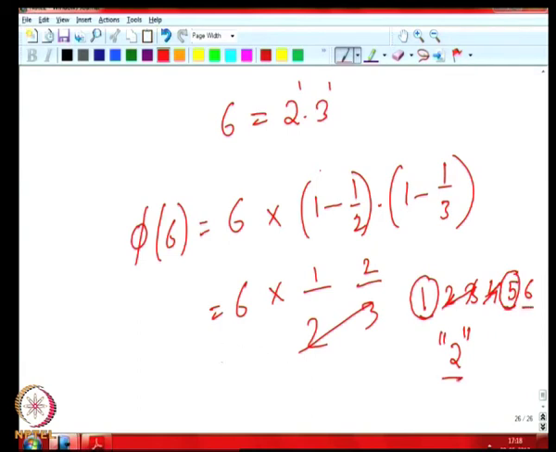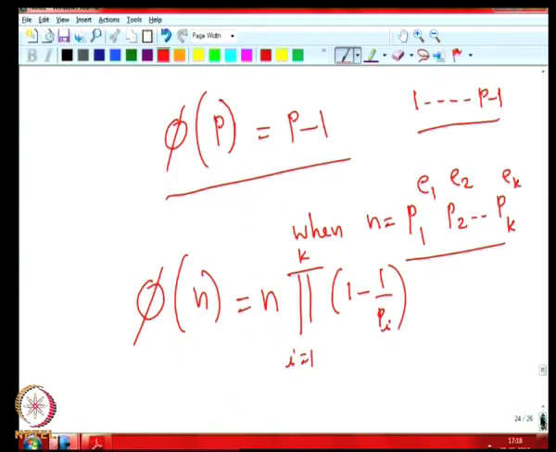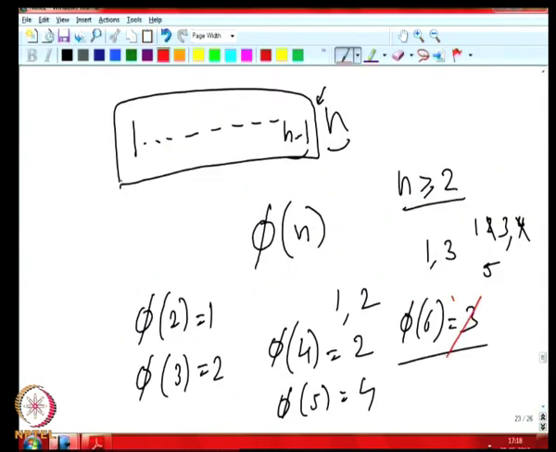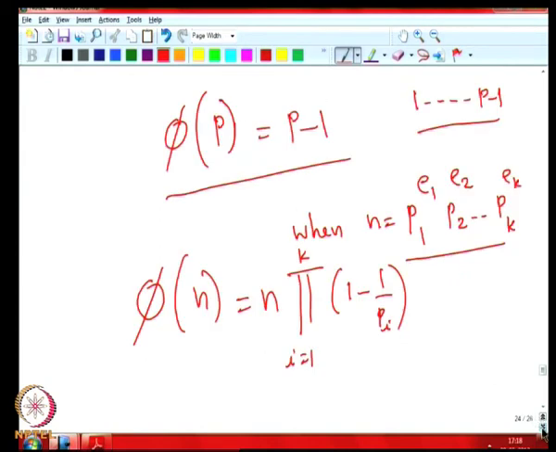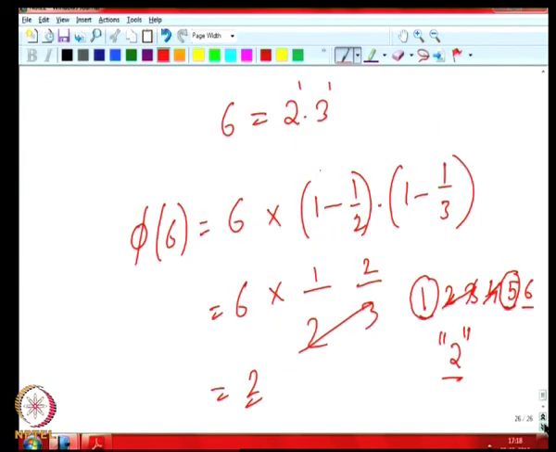So 2 is the answer. Earlier I had written 5, which is wrong. I think I thought 3 also is relatively prime to 6. That is a mistake. Anyway, this is the formula.